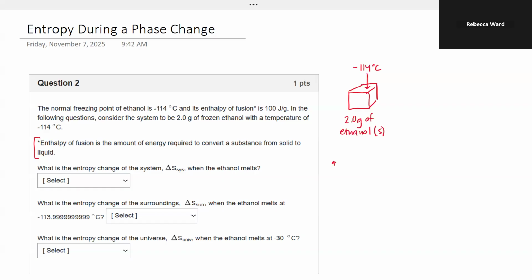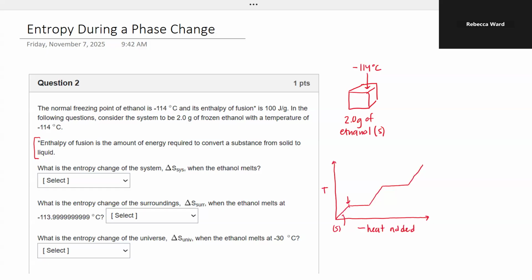In other words, if we were looking at a phase change diagram for ethanol, we would be right here. Okay, so here's where we have our solid. We're heating it up, and then we hit our phase change, our melting point, right?